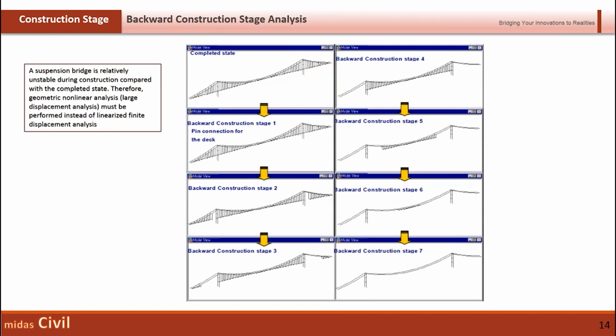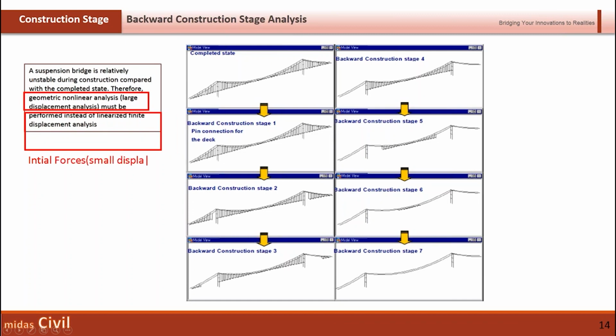But during the erection of the structure, a cable-stayed or suspension bridge undergoes a huge amount of deflection. So in that case we need to consider large displacement analysis or geometric nonlinear analysis instead of linear finite displacement analysis. So I won't be using the initial forces for small displacement.